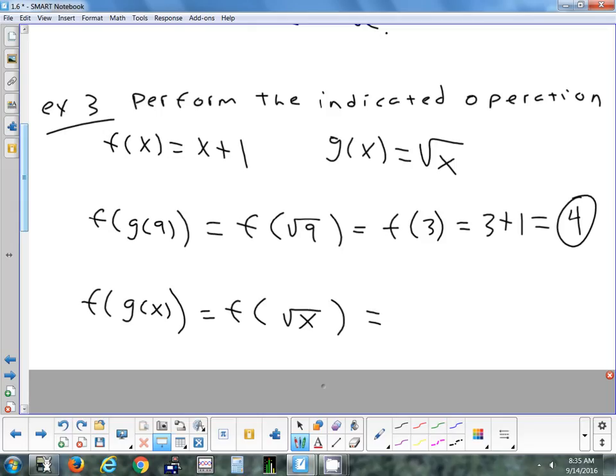So now, can anyone tell me the answer when you plug the square root of x into function f? Quinn? Square root of x plus 1. Yep. Square root of x plus 1. Any questions on how I got f of g of x?